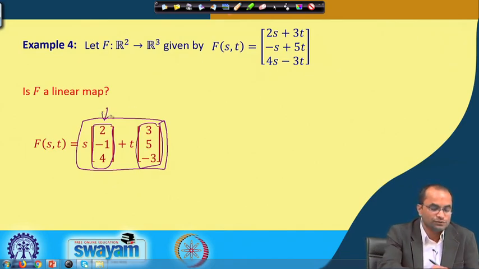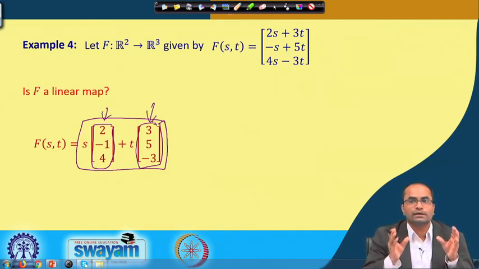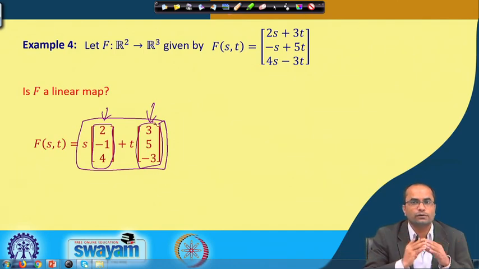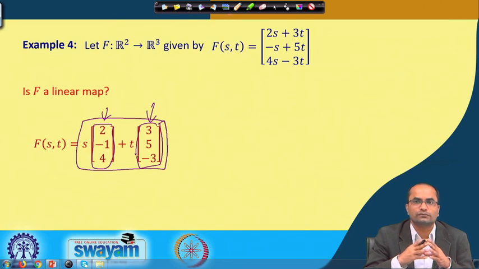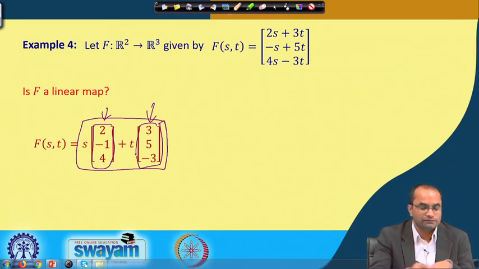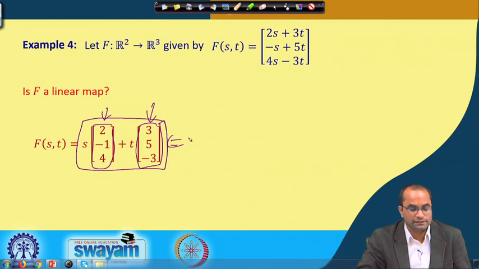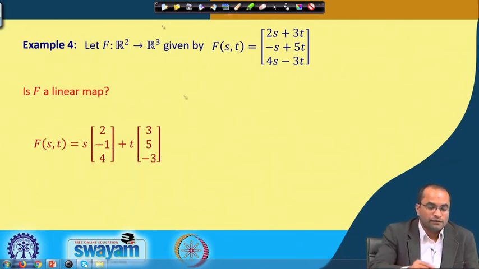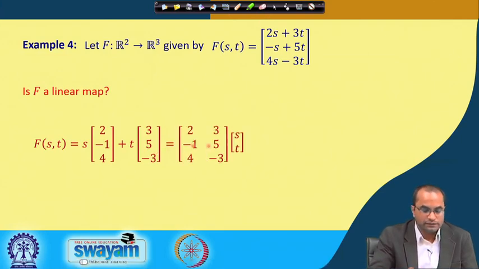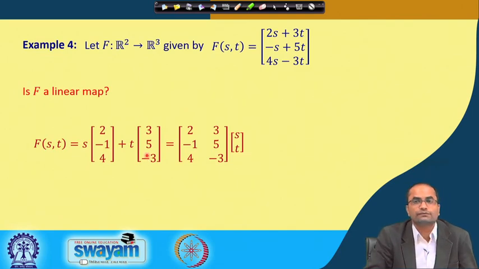So, if we put these two columns as the first and the second column of a matrix, and then this (s, t) again as a column vector there, that multiplication will exactly give s times this vector plus t times this vector, meaning that we can write this as this matrix whose columns are these given vectors (2, -1, 4) and (3, 5, -3), and this (s, t) we can put again as a column vector there.